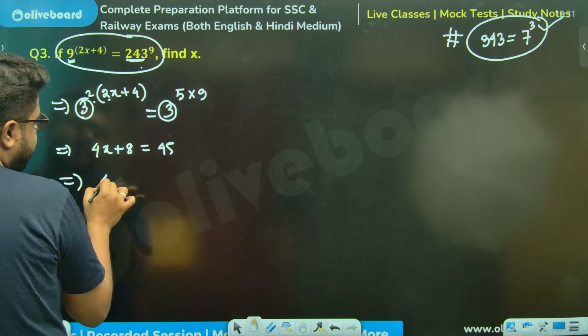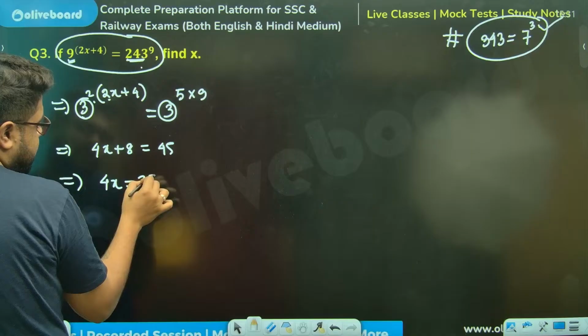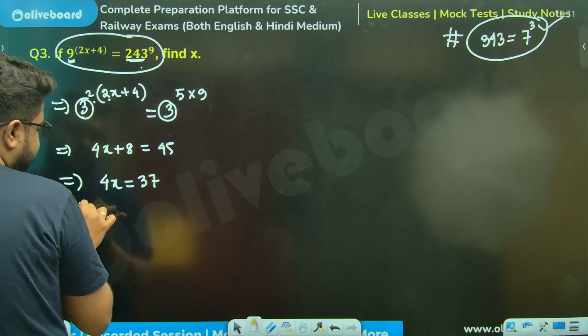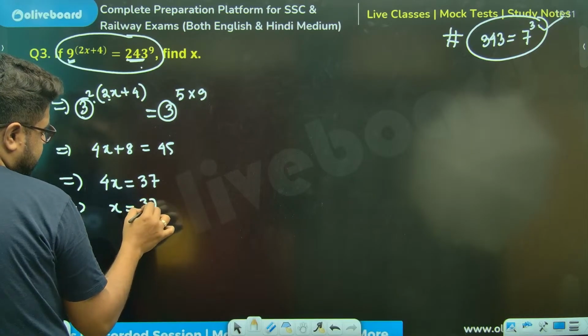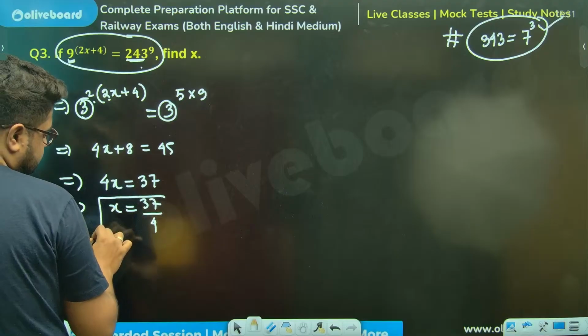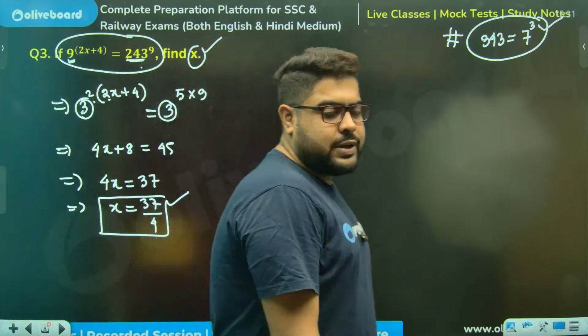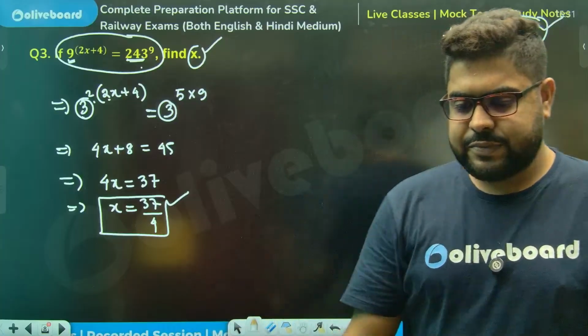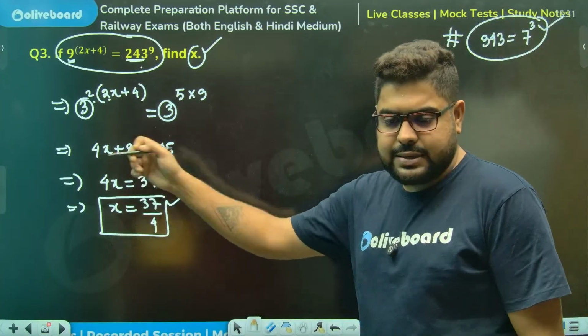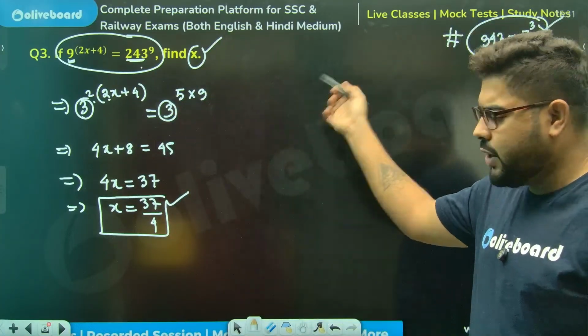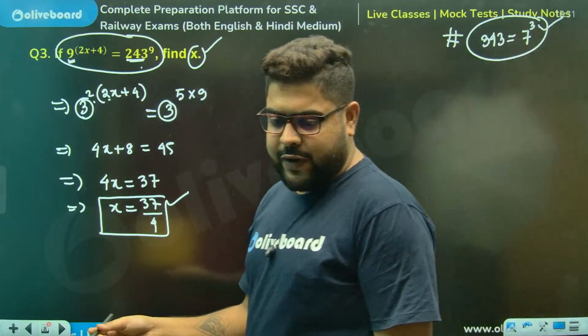Sir, answer: 4x is equal to 37, x is equal to 37 by 4. That is your answer. And 9.25 if someone asks the answer in decimal. Perfect, everyone.